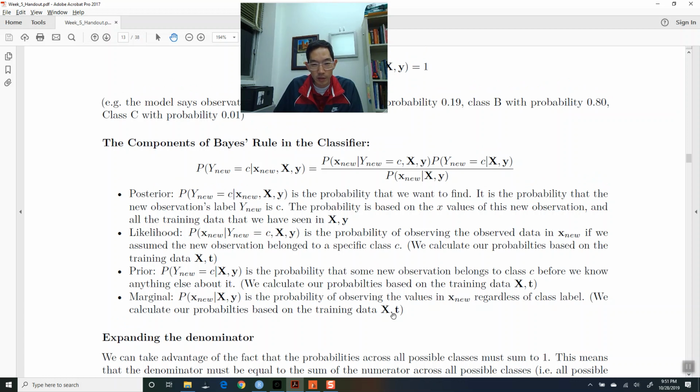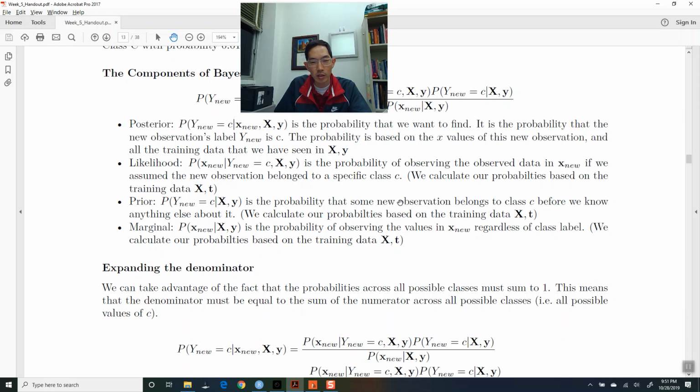Sorry, these are T's and they should be Y's. Okay, and then lastly, this is the probability of getting the values regardless of class label, all right? And we're going to find this by taking the numerators, calculating all the numerators across all possible classes, and then adding them up. That's going to be the marginal.